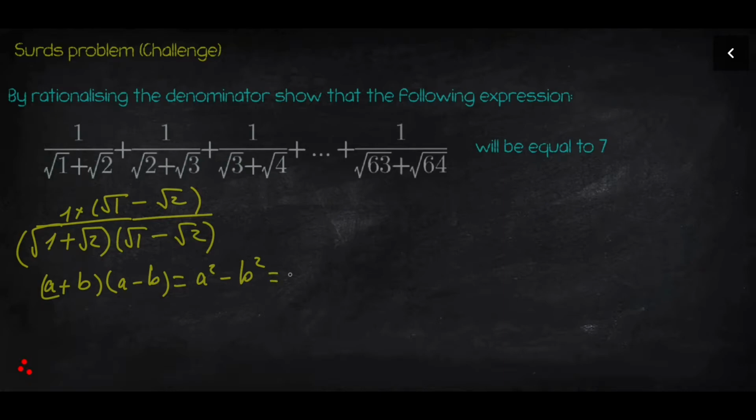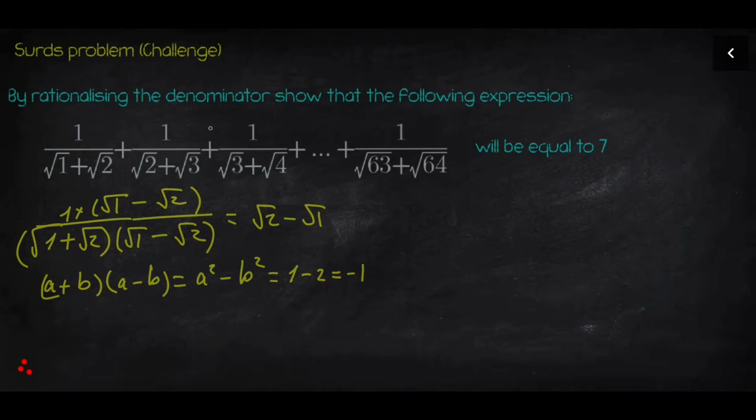And what we have in the end, we'll get 1 minus 2, which eventually equals minus 1. Okay, so what we'll have as a result of the first fraction, we'll get square root of 2 minus square root of 1, right? Because the bottom is going to be minus 1, but I put minus in the numerator. So that's why you'll get this.